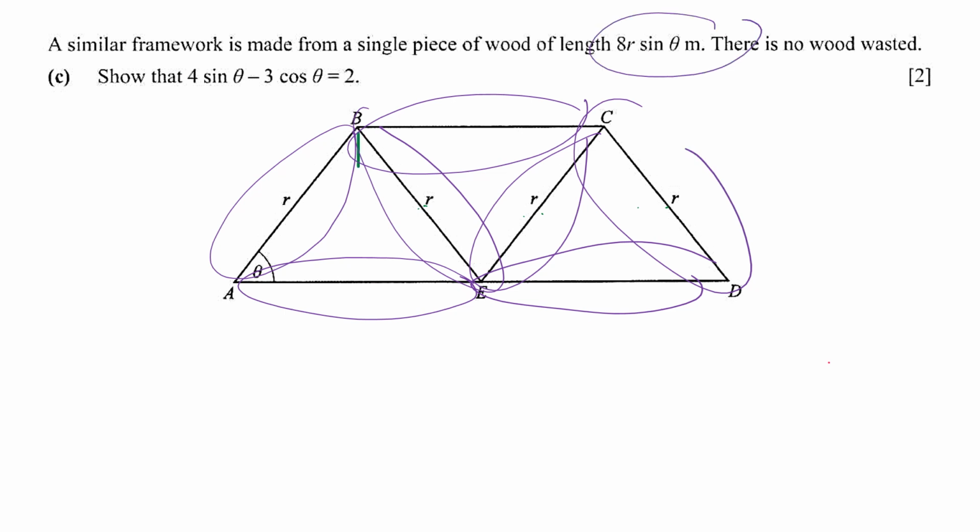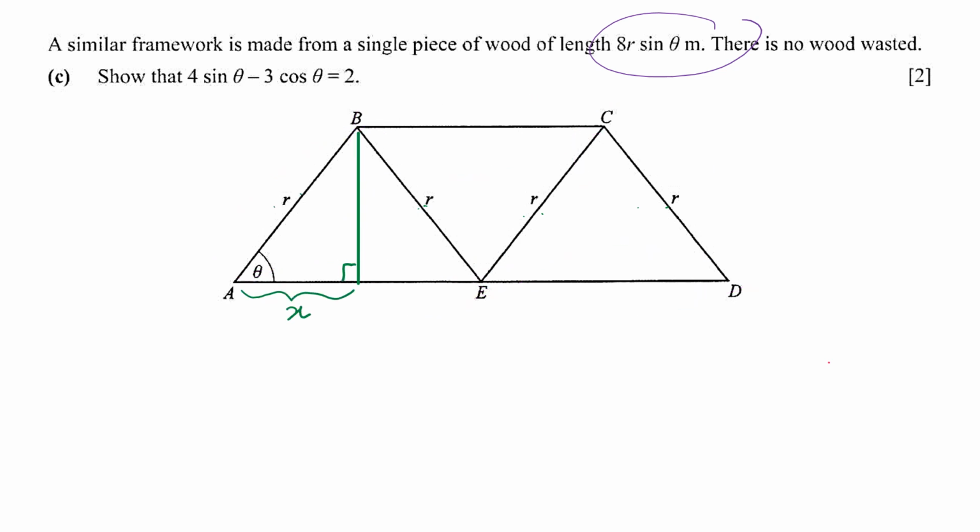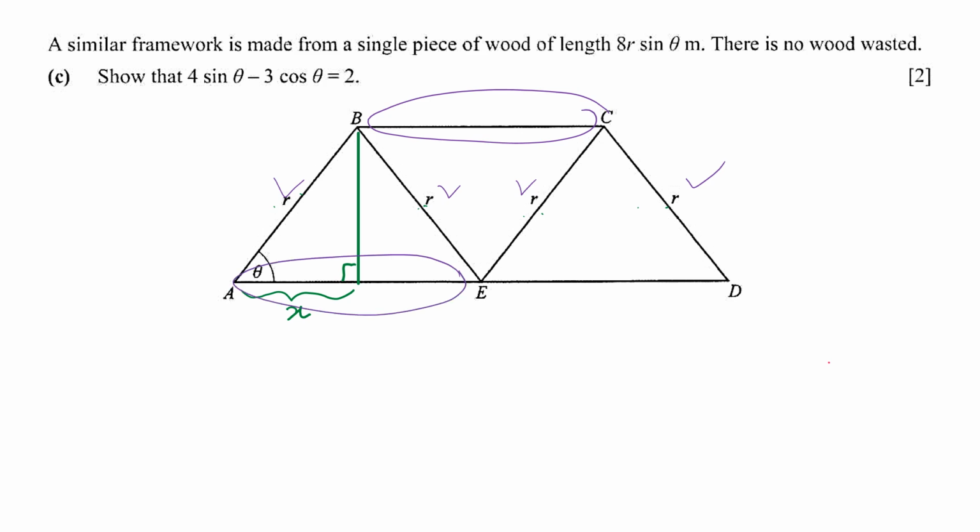So if you look at the diagram, I already know the length of this, but what is missing is the length of BC, AE, ED. I don't know those lengths. So I will need to find them.